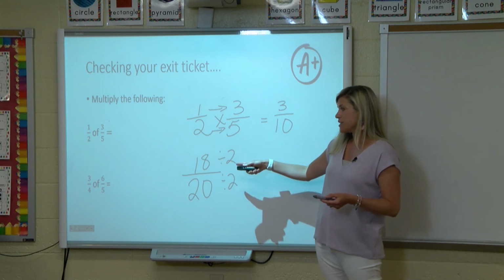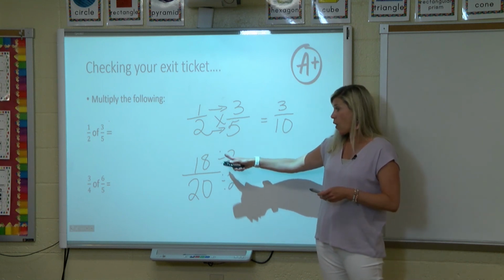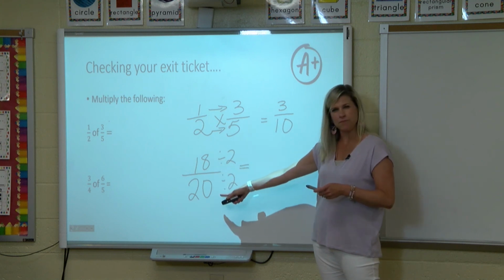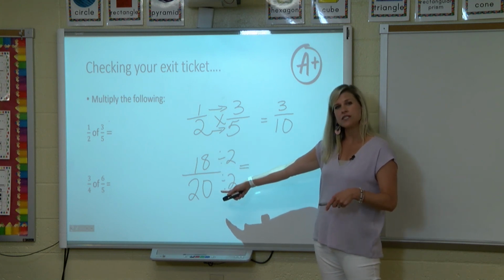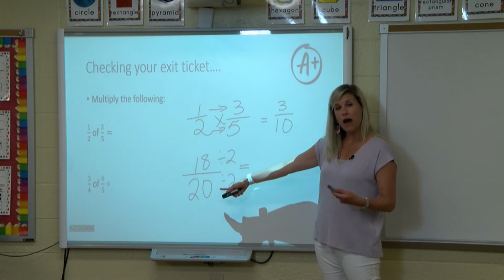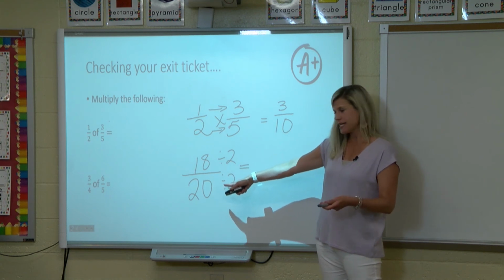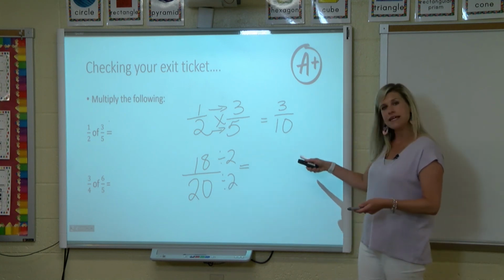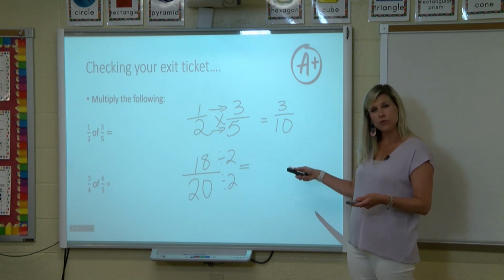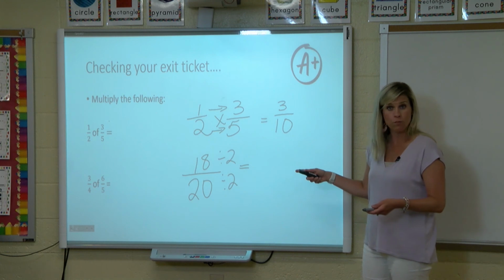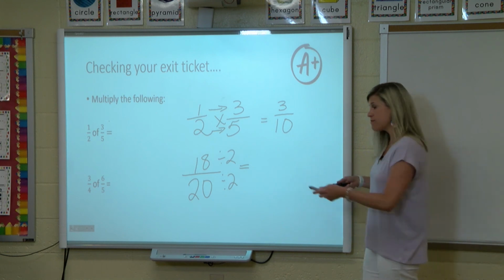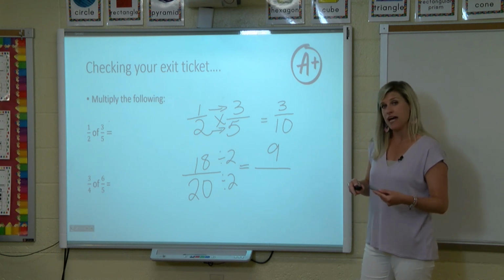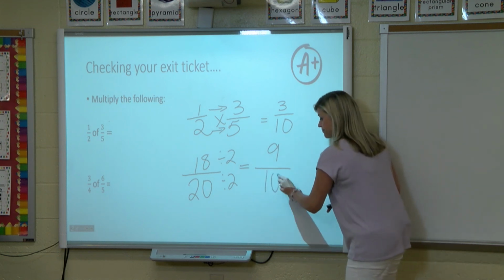Now, as a reminder, before we keep going, when I simplify this, it still needs to look about the same. 20/20 is 1 whole. So if I benchmark this, if I estimate, I see that that's really close to 1 whole. So even when I make this more simple, I still should be really close to 1 whole. 18 divided by 2 is 9, and 20 divided by 2 is 10.